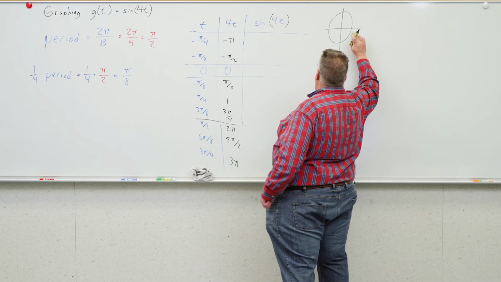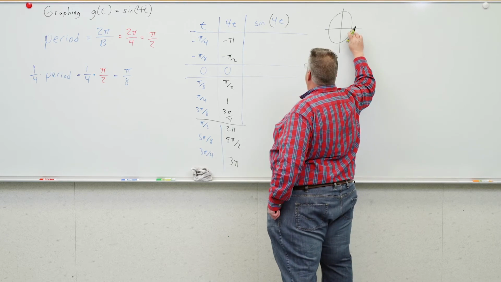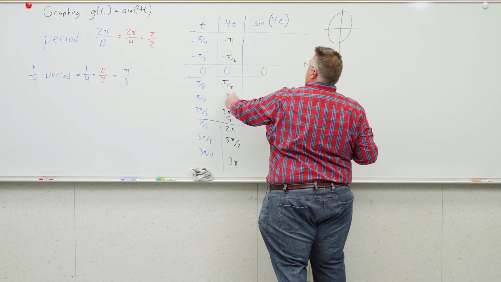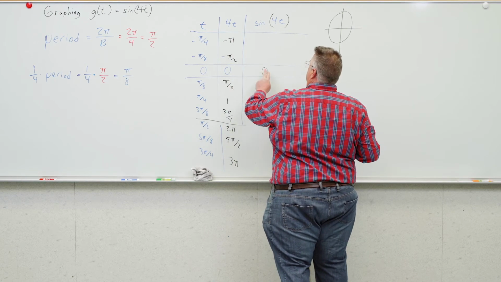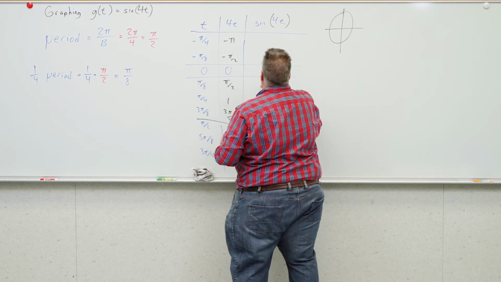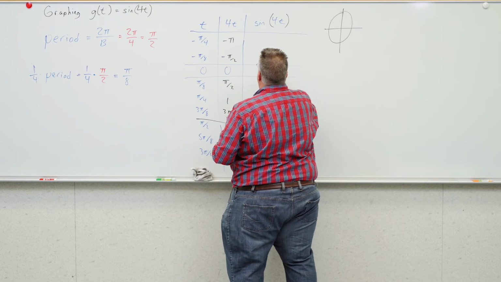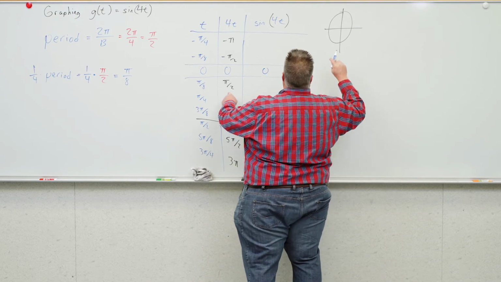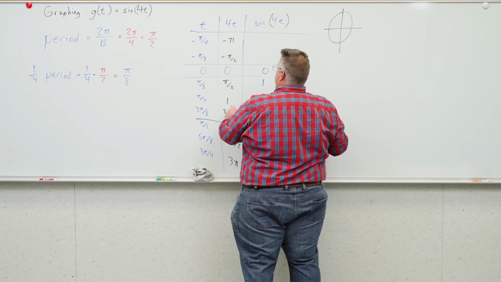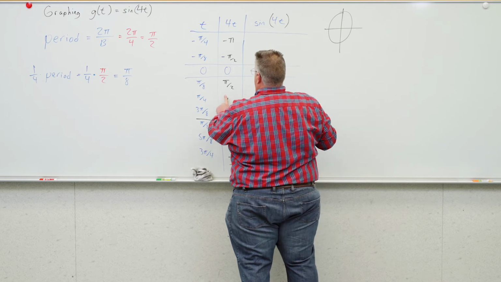What's sine of 0? What's my height here? It's 0. Again, 4t here, pi over 2. Sine of pi over 2 is 1. Sine of, I messed that up.